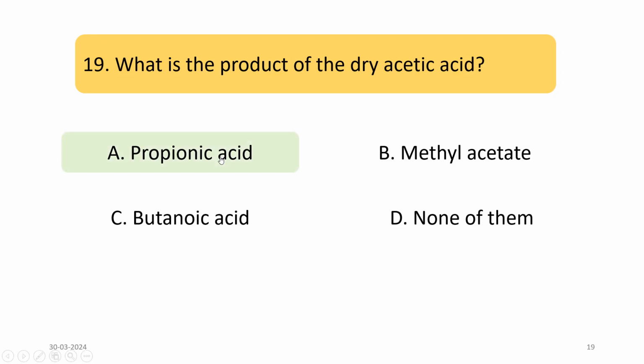It is the propionic acid. From dry acetic acid, after the extraction, propionic acid can be produced.